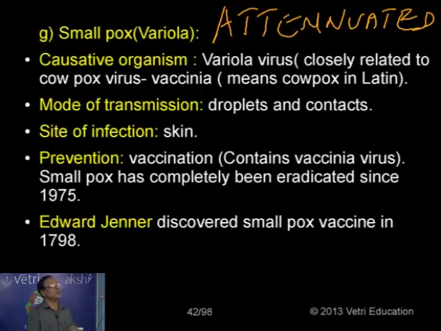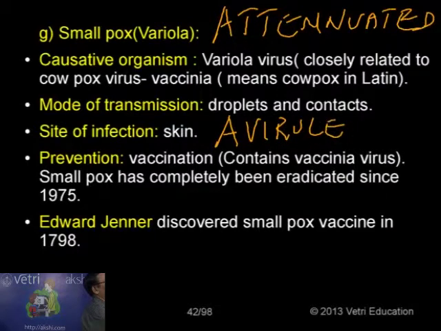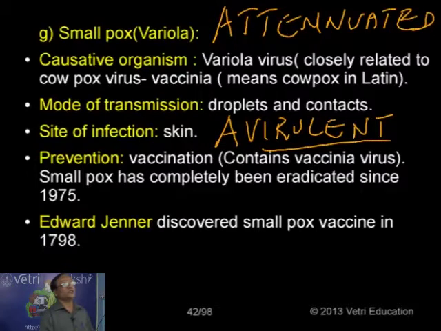We can also say avirulent strains: non-pathogenic, non-poisonous strains or microorganisms are called avirulent. The avirulent strains are mostly called attenuated strains or weakened germs. They can impart immunity without causing the disease. So the vaccine contains vaccinia virus, the cowpox virus.